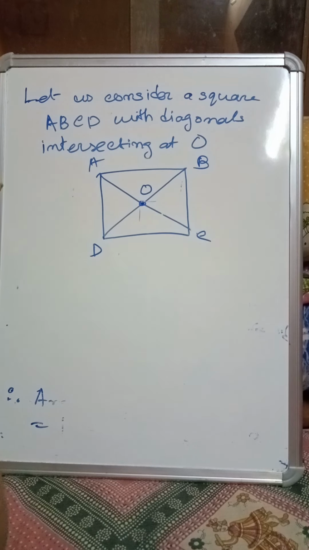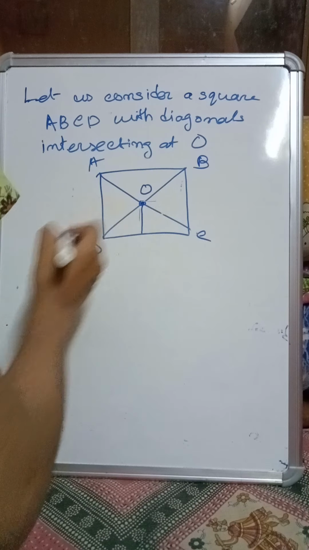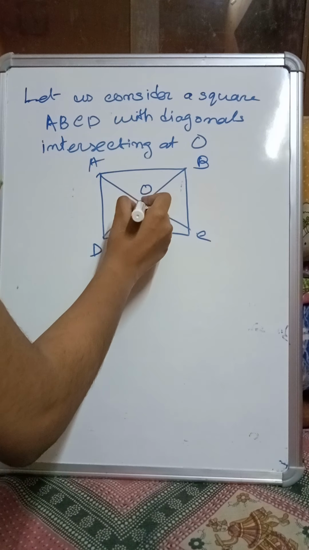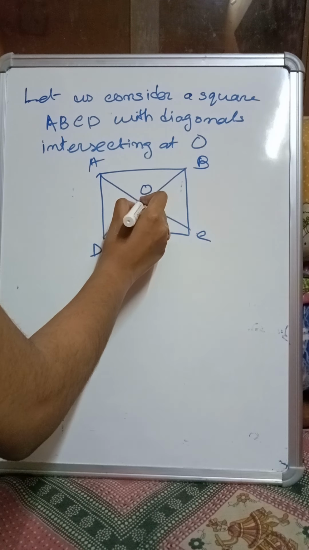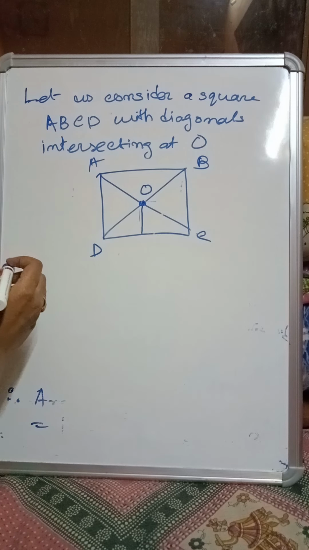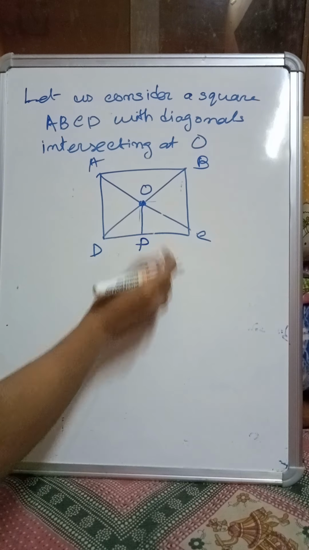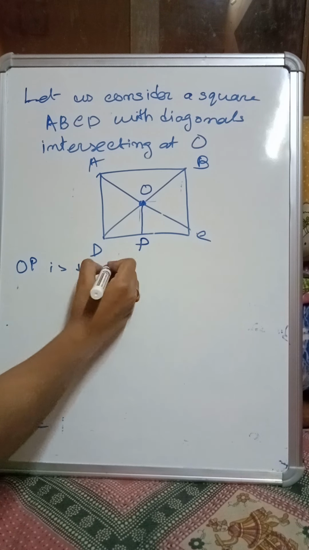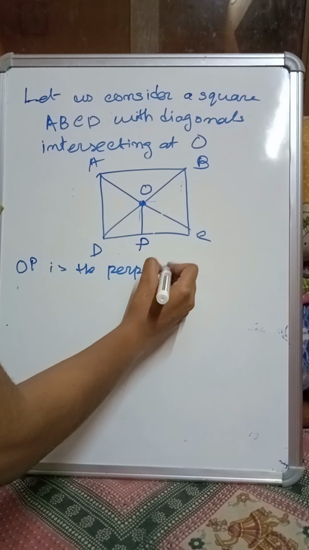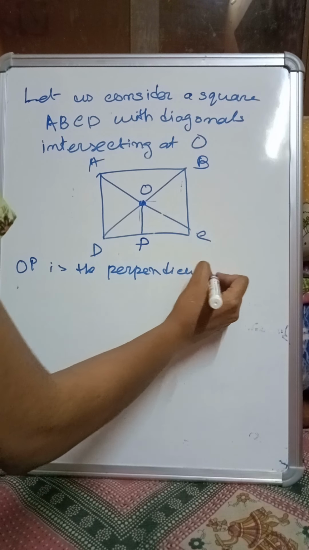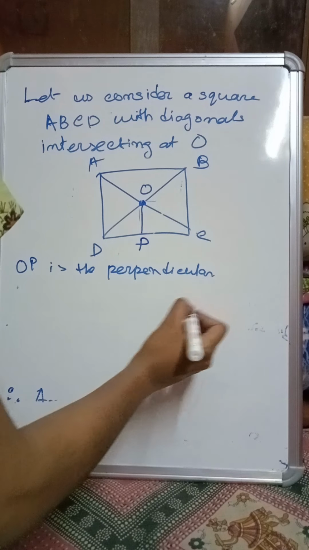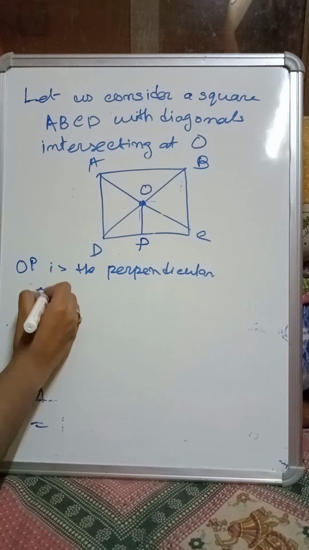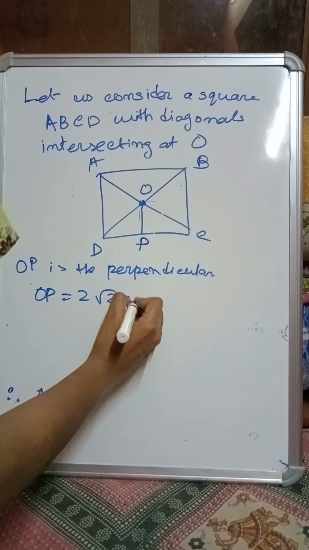Now I am drawing the perpendicular from the intersecting point on the side of the square. Okay, so this I am naming as OP. OP is the perpendicular. So what is OP? OP is 2 root 2 centimeter.